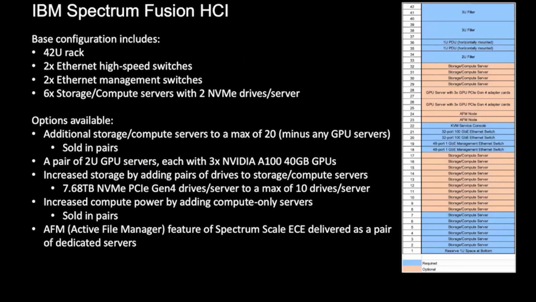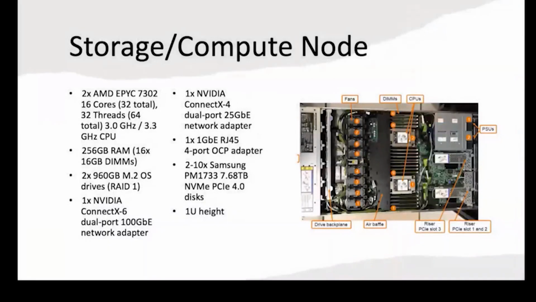These are exactly the same as the compute storage servers, but without the drives. And for the Spectrum Scale Erasure Code Edition Active File Manager feature, it is possible to buy a pair of dedicated servers to implement that. So let's take a look at each of the server types.